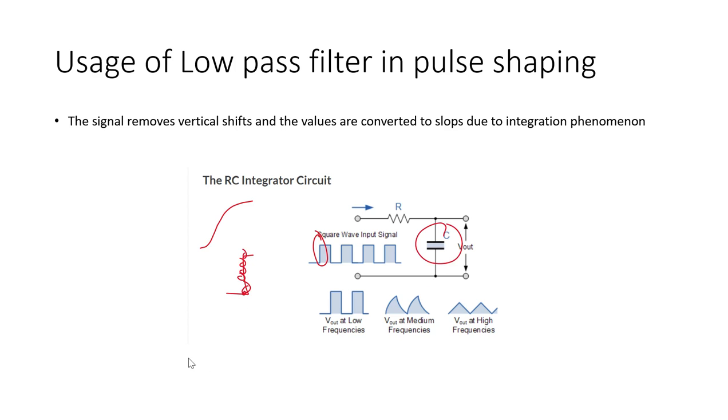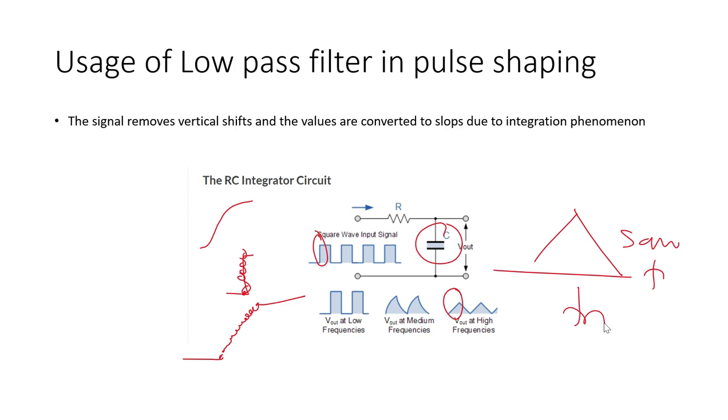It will start from here and add up all the voltages up to here. So an integrator can be formed by a simple low pass filter as it decreases the high frequencies. High frequencies are decreased and lower frequencies remain, which makes this a sawtooth wave. Not a sawtooth wave, but a triangular wave. So this is a triangular wave now.